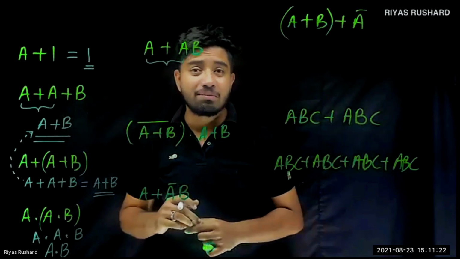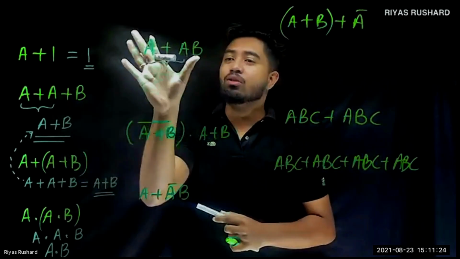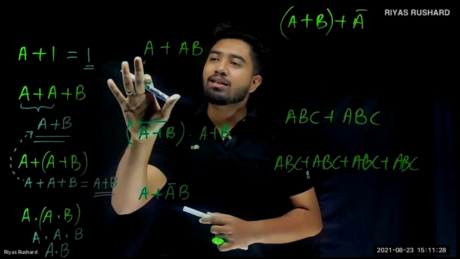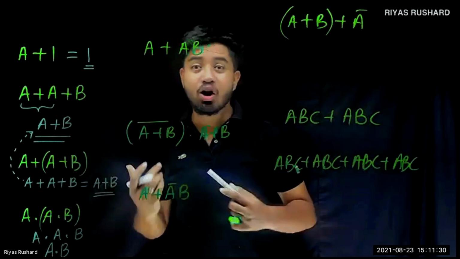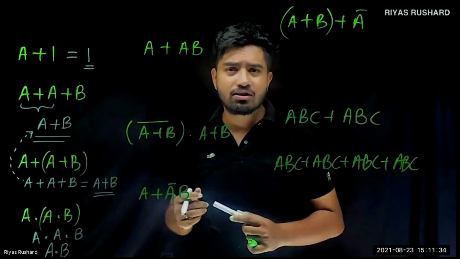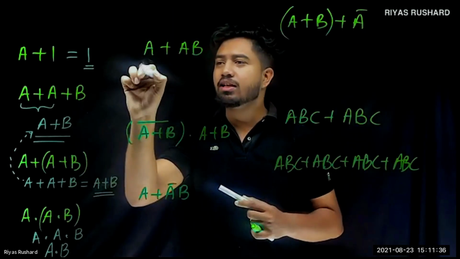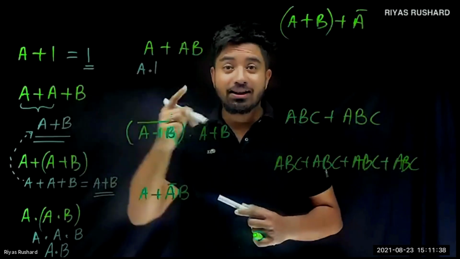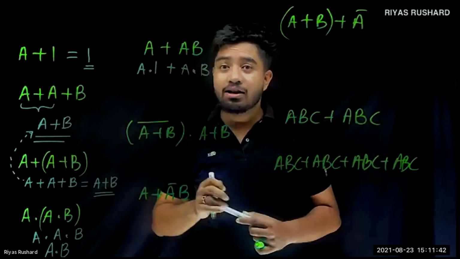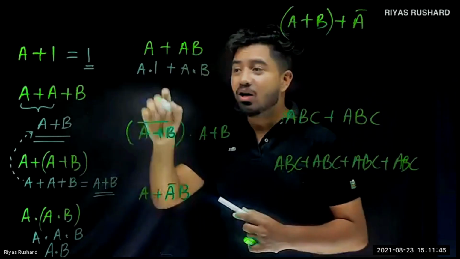You can do this by two methods. You can either multiply or take the common factor. In order to take the common factor, you have the common factor, but there is no sign. Let us convert this into a sign. A dot 1 plus A dot B. Now take the common factor out.